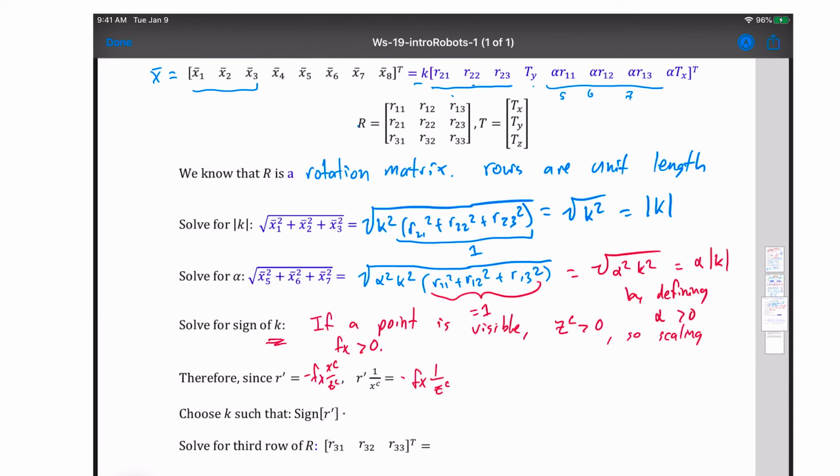If we know that this term is positive, that means that this whole thing here has to be less than 0.